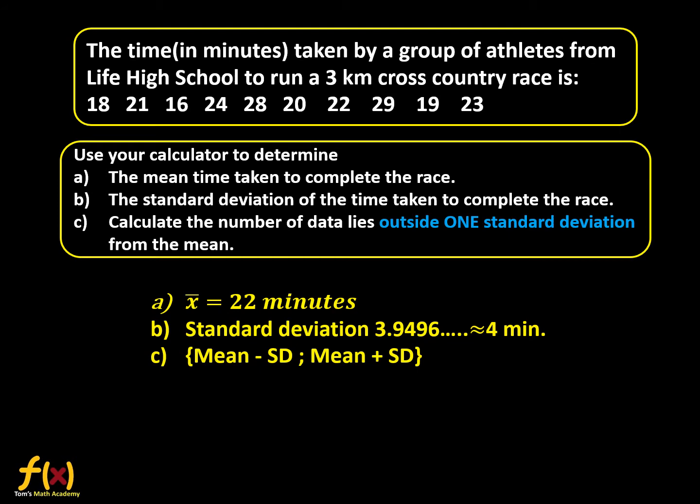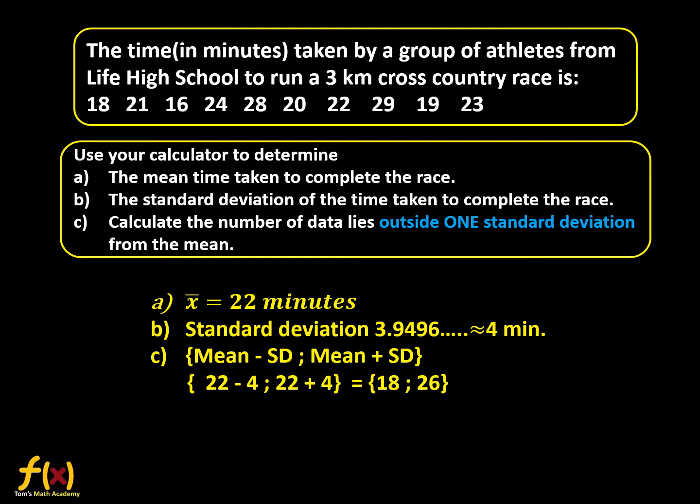Okay, so mean minus 2 standard deviations, mean plus 2 standard deviations. Remember that. Here it is 1 standard deviation. So we get 22 minus 4, mean is 22, standard deviation is 4. 22 minus 4 and 22 plus 4. Clear method there. And we get 18 and 26.